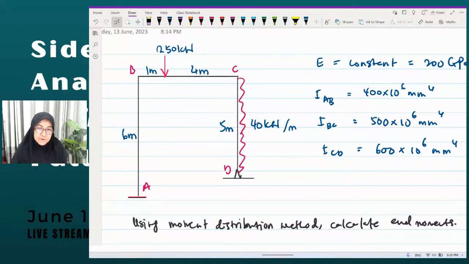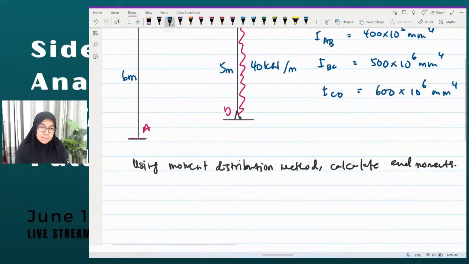Okay, looking at this frame, it is not symmetry.